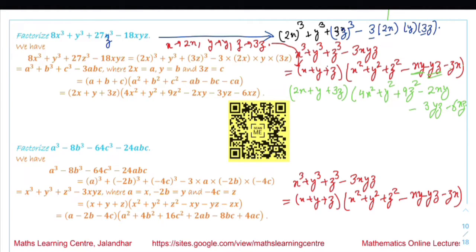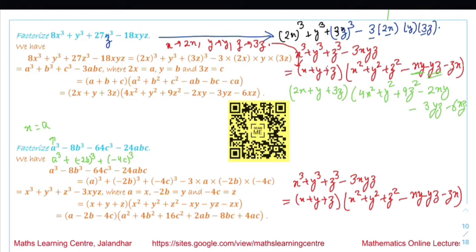Now in the next question, we are again comparing it with the given formula. When we compare it with the given formula, this is a cube, so we have x is equal to a. Next we can write it like a cube plus minus 2b cube plus minus of 4c cube.